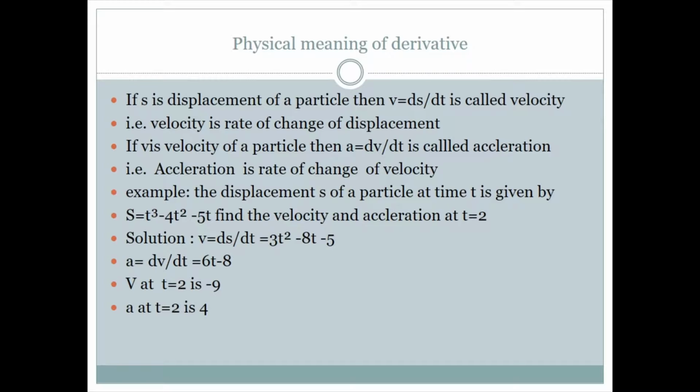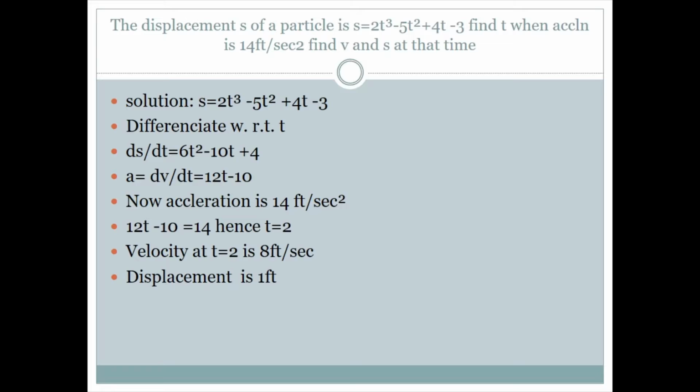Differentiate s with respect to t. v is equal to 3t square minus 8t minus 5. Also acceleration is equal to dv by dt. Differentiate v with respect to t, therefore we get 6t minus 8. v at t is equal to 2 is minus 9. Now put the value of t equal to 2 in v, which is equal to minus 9.